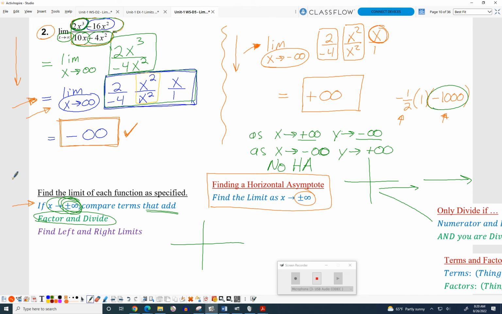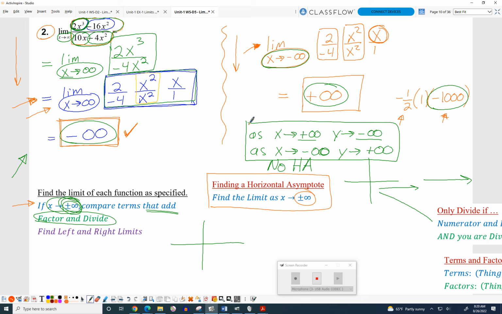So this was our analysis to figure out that when the x value is becoming very positive, the y value is becoming very negative. This was our analysis to find out that when the x value is very negative, the y value is actually very positive. This is simply a summary of our work.